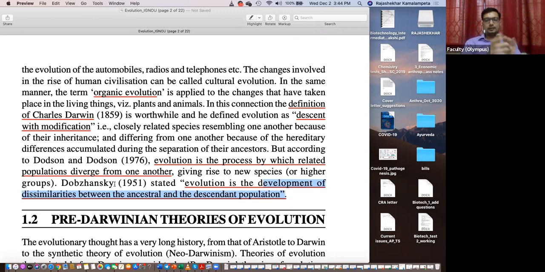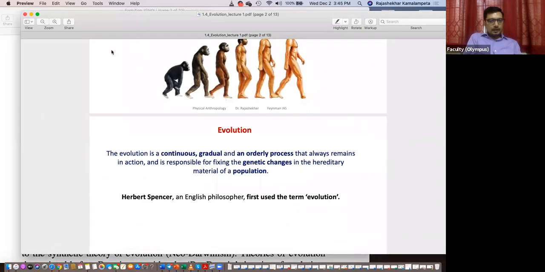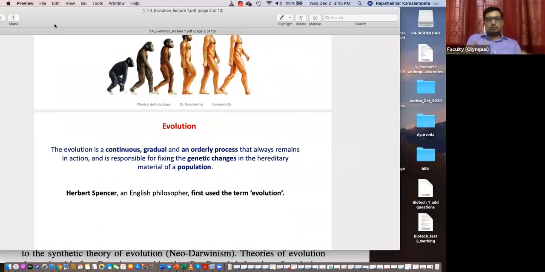And Dobzhansky said it is adding changes, adding differences, from one existing organism or species to the new one, so dissimilarities between ancestral and descendant populations. But in anthropology, we have to cite and give the names of what people have thought or said. That is why I gave you a little bit of historical definitions related to this.